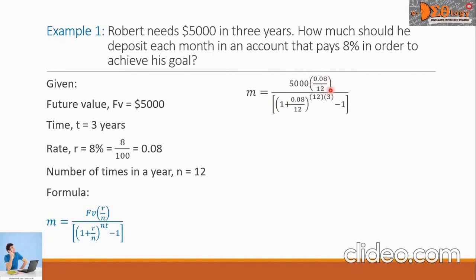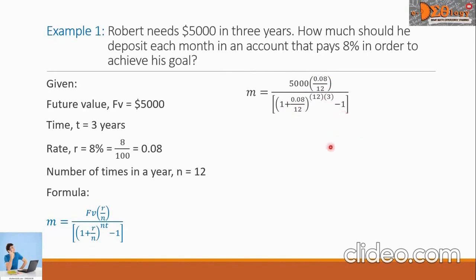So this fraction here is the same fraction that we will write in the denominator at this portion. So we have 1 plus that 0.08 over 12. And this binomial is raised to a power NT. N becomes 12 now, and T is 3. And then the minus 1 is a constant.